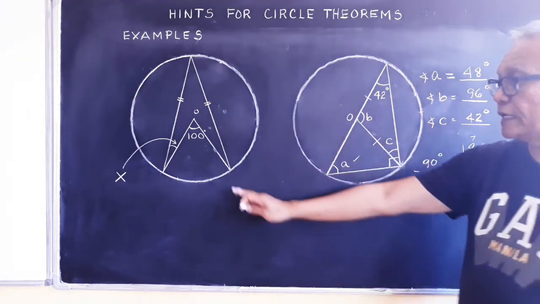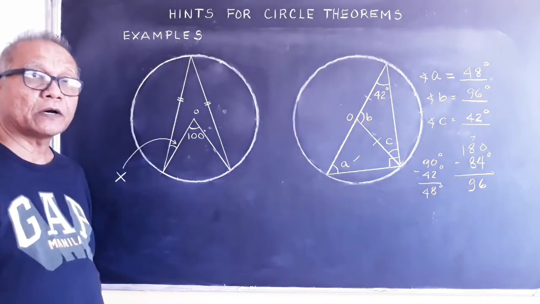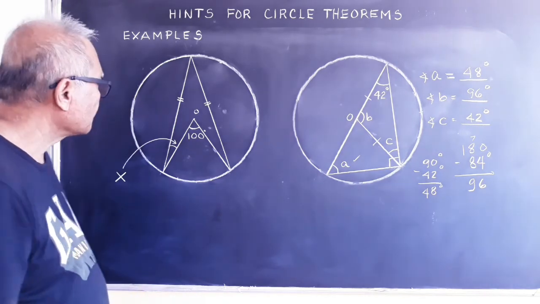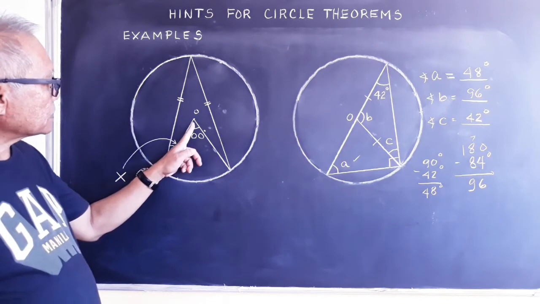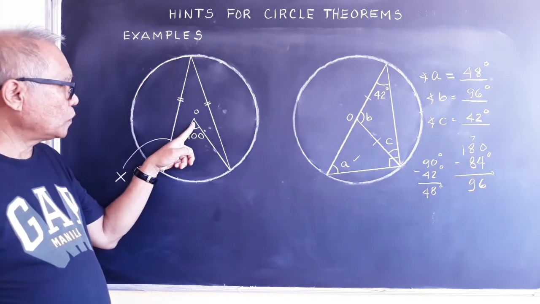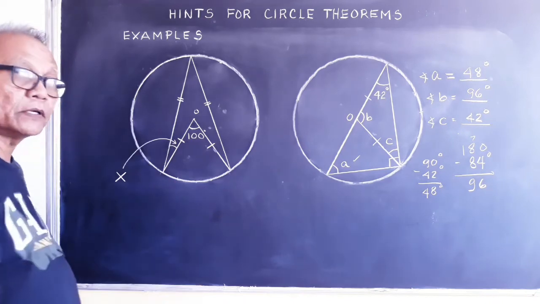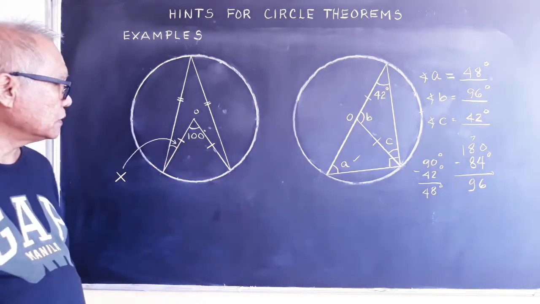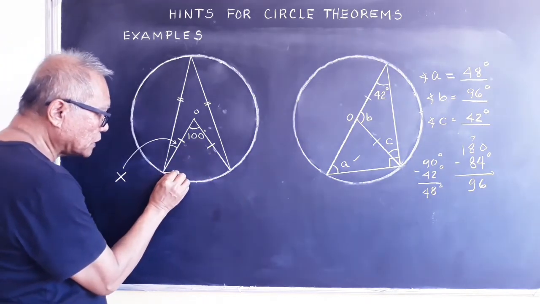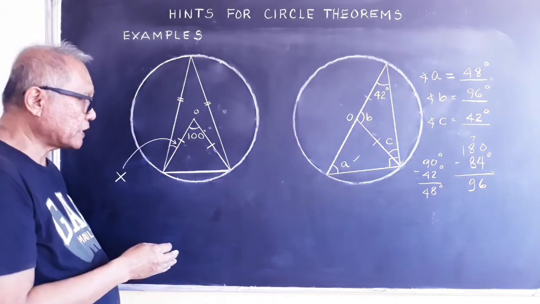Okay, let's have the last one, which is a little bit complicated. And we are going to apply our knowledge of some theorems about circles. We can see here, this is the center of our circle, point O. And we have the radii here, this one and this one. They are equal because they are the radii of our circle. Now, to use these radii, we need to put a line here so that it becomes an isosceles triangle.